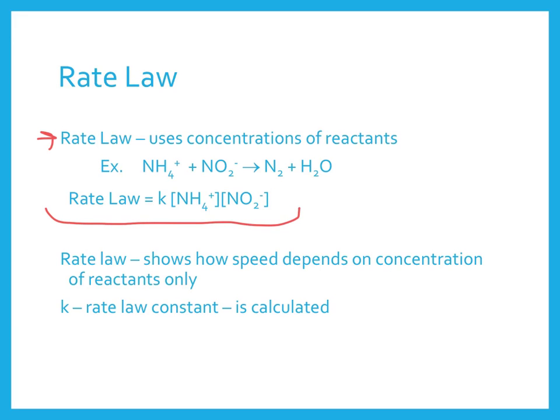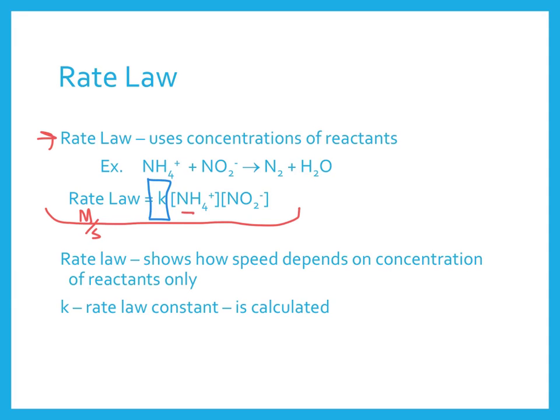We have a rate, which is a speed, so that is typically in molarity over seconds or minutes or hours, depending on how fast the reaction is going. Then we have a rate law constant, which will depend on the particular rate law. It is a calculated value, a proportionality constant that allows this reaction to be correct.